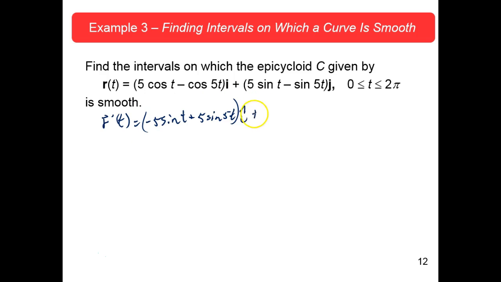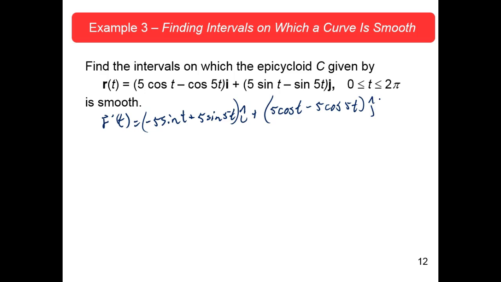And then the next, it's positive 5, the derivative of sine is positive. So 5 cosine t minus 5 cosine 5t j.